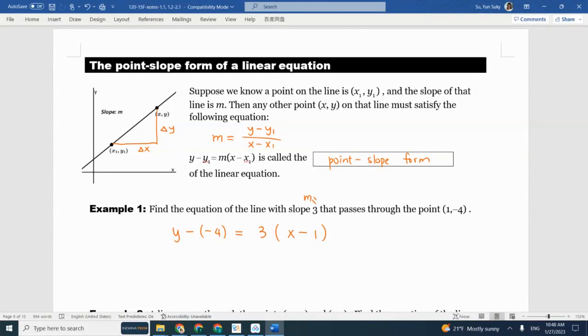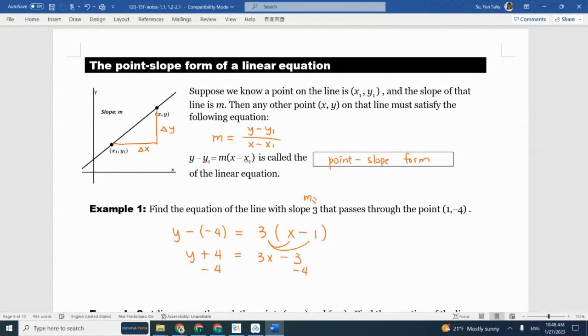All right. What is minus negative? It becomes positive. So y plus 4 is, distribute, 3x minus 3. Okay, solve for y. What do we do?